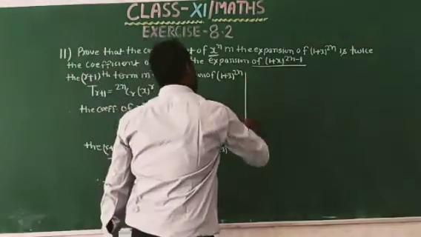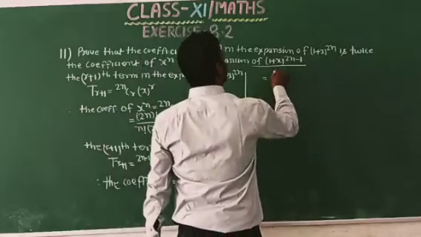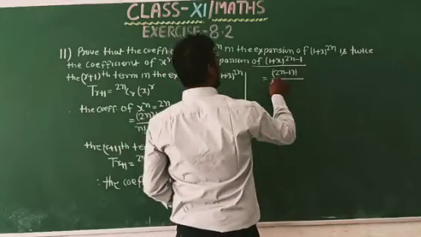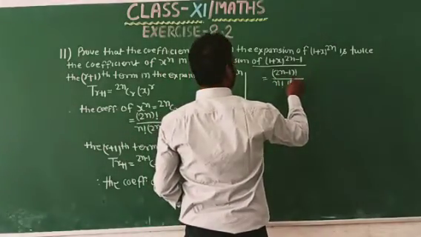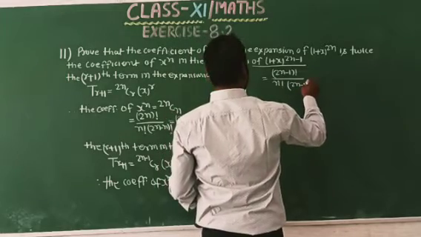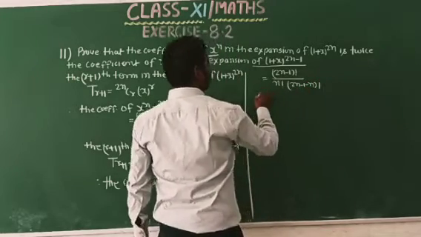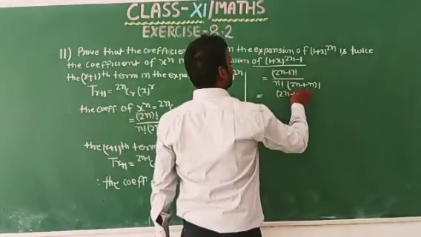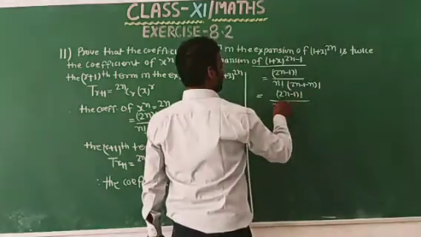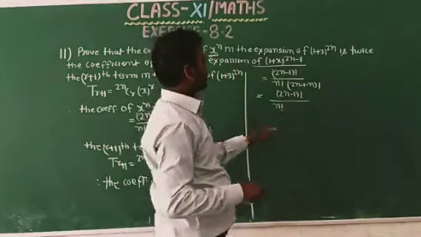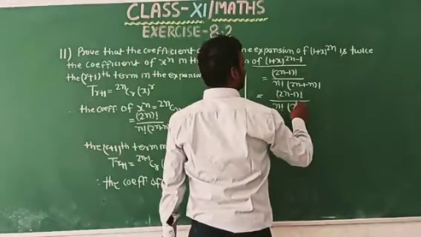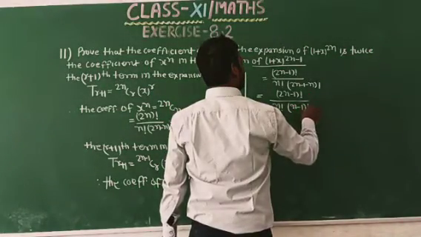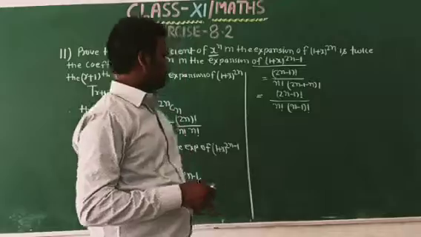So now simplify this. So this is 2n minus 1 factorial upon n factorial and (2n minus 1 minus n) factorial. Now simplify. So this is 2n minus 1 factorial upon n factorial and (n minus 1) factorial.